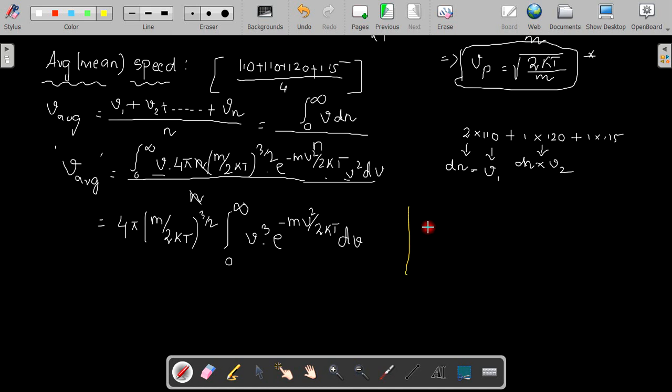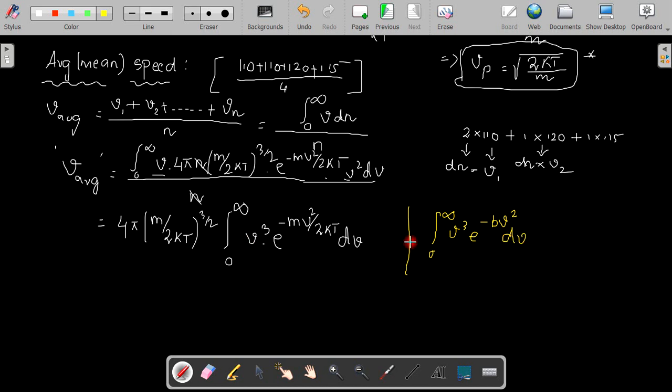If you keep practicing and do a lot of numericals in quantum mechanics and statistical mechanics, you will see that these results are very common and we usually use them. They are solved using gamma functions.